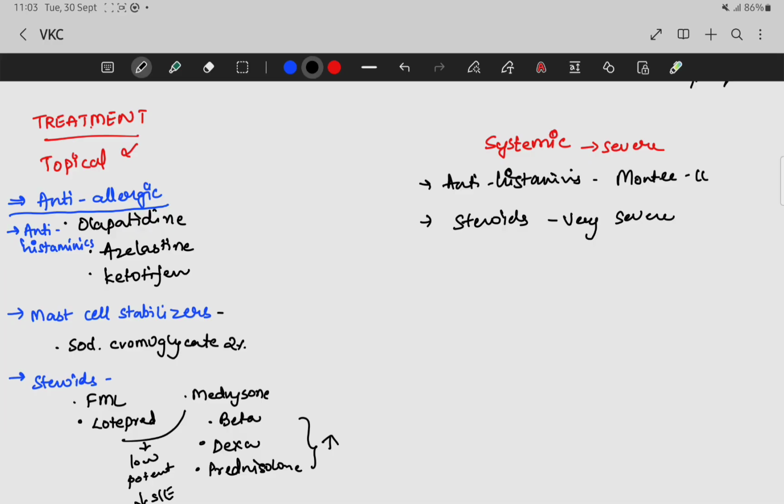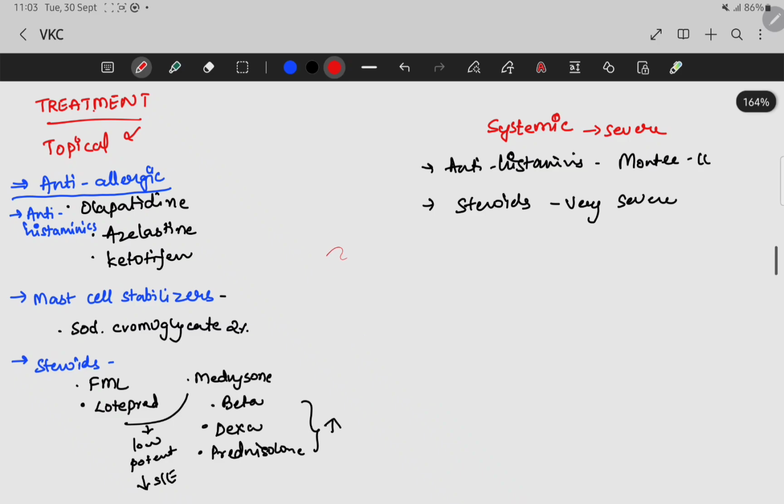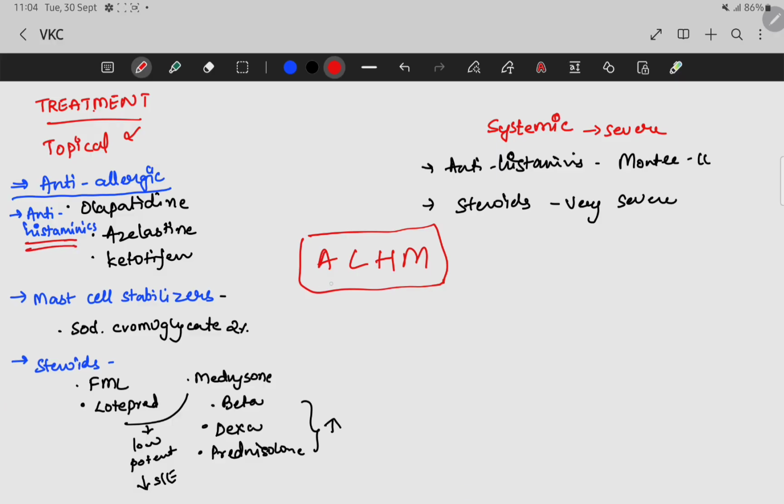This ALHM is a step ladder wise treatment which we have to use. A here means anti-allergic avoidance, that is preventing the disease, L includes lubricants, H is histamine, the antihistaminics, and M is the mast cell stabilizers.